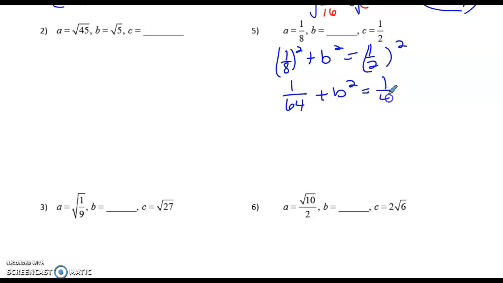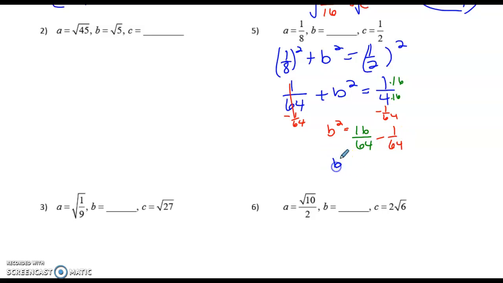Square the top, square the bottom. To solve this, we need to subtract 1/64 to the other side. So we get B squared equals, so common denominator, to make that 64ths, we need to take them times 16. So it's going to be 16 over 64. And then we already had minus in red there, minus 1 over 64.